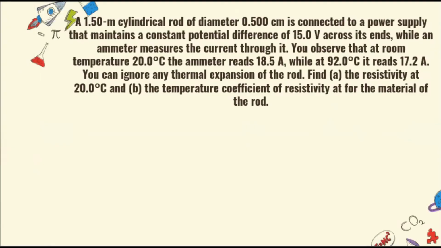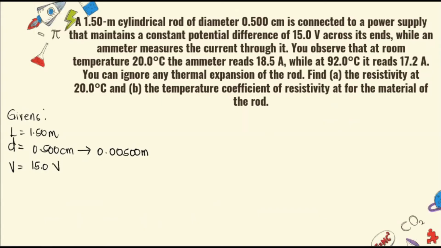Okay, so let us write all of our givens. Meron tayong length na 1.5 meters. Tapos diameter of our rod is 0.500 centimeters, so we convert na natin sa SI unit, 0.00500 meters. And then we have a voltage source of 15.0 volts, while an ammeter. Meron daw tayong temperature T0 of 20.0 degrees Celsius.